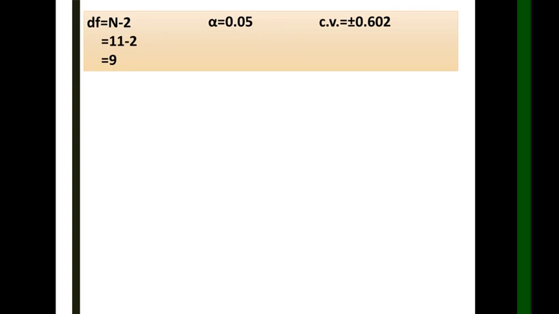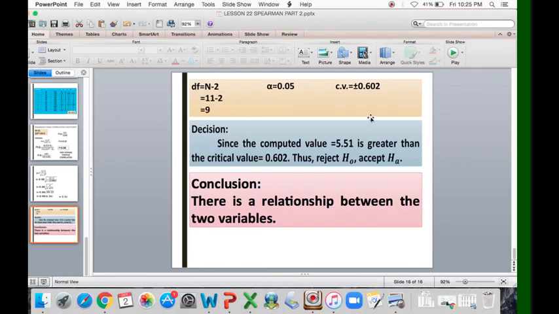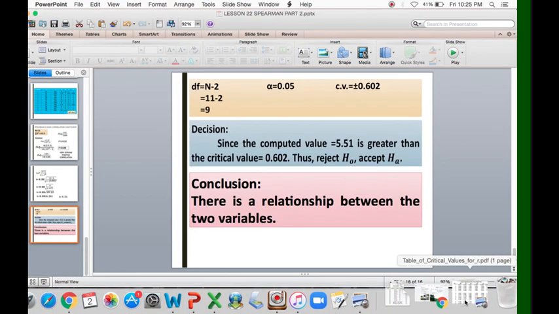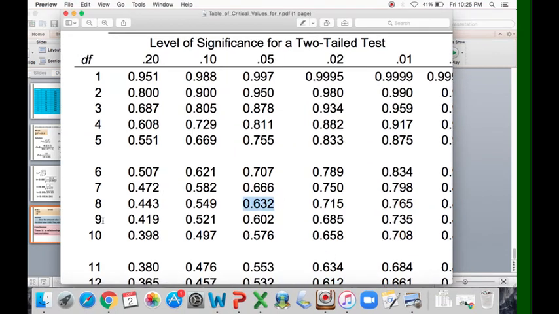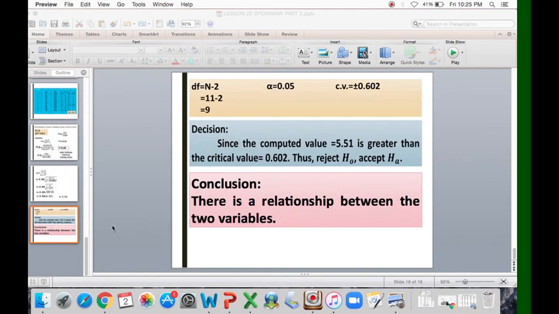For the critical value, we have positive negative 0.602. So let's see if our critical value is correct. So our degree of freedom is 9 and we have 0.05. So the intersection of the two is 0.602. So we're correct.